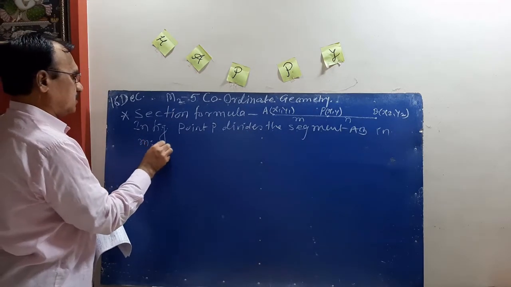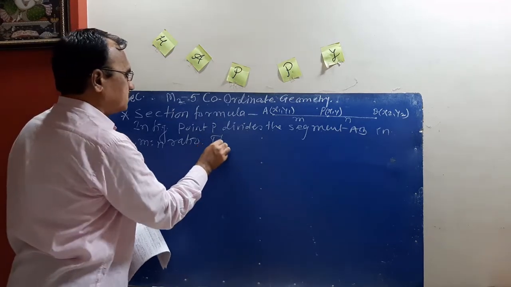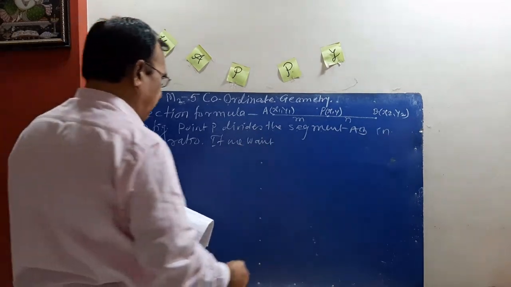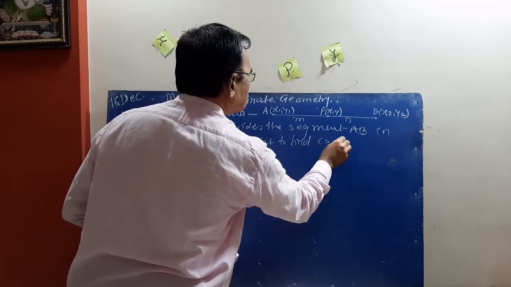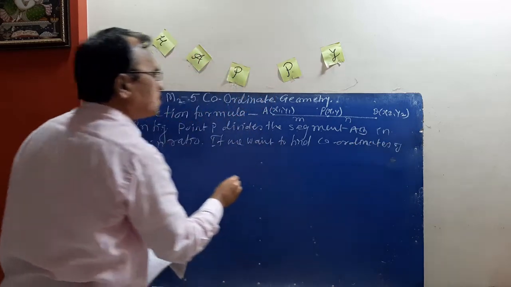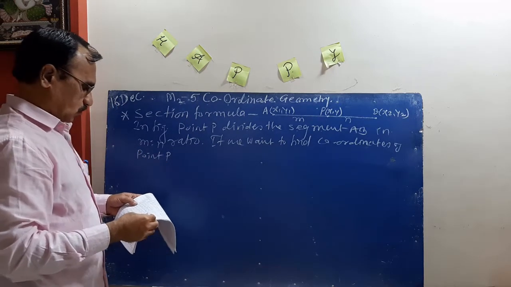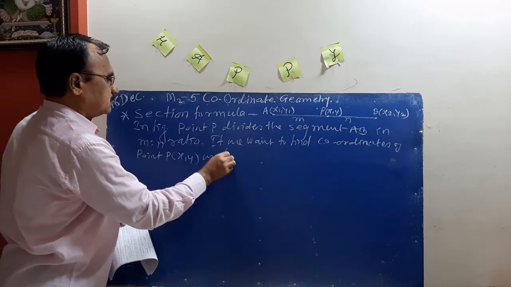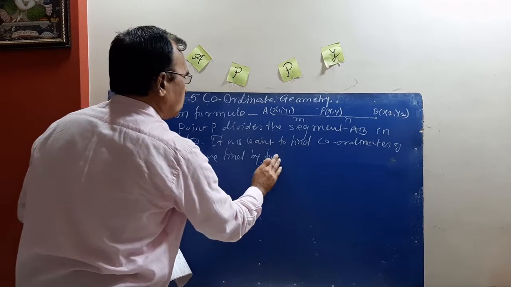If we want the coordinates of point P, we find them by the following formula.